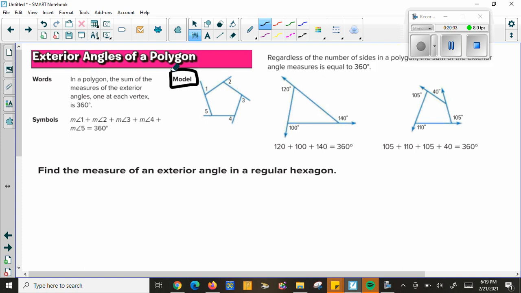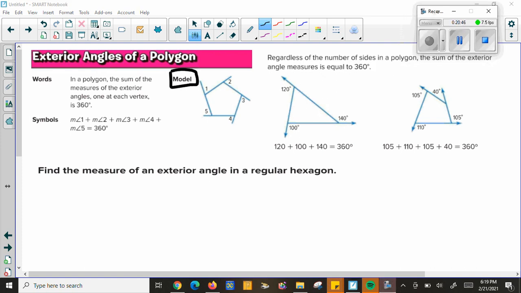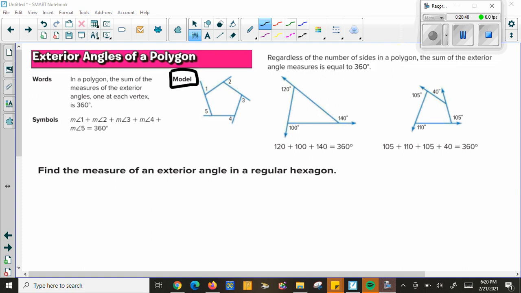So it does not matter what kind of pentagon it is. It doesn't matter that it's even a pentagon. What matters is if it is a polygon, then all of the exterior measurements add together to make 360.